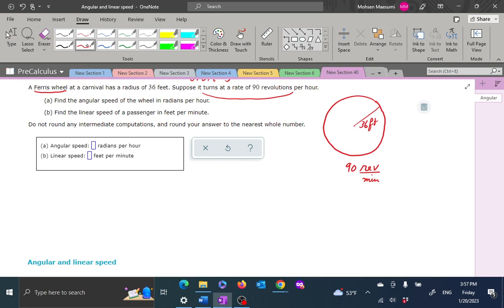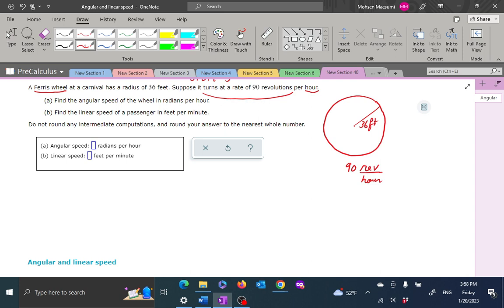Let me correct myself. This was per hour. I guess I wasn't thinking. All the passengers on that Ferris wheel would be dead by now if it went around that fast. So 90 revolutions per hour. That's more reasonable, and it's not going to make us throw up or anything.